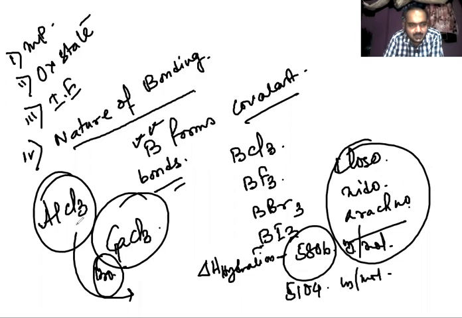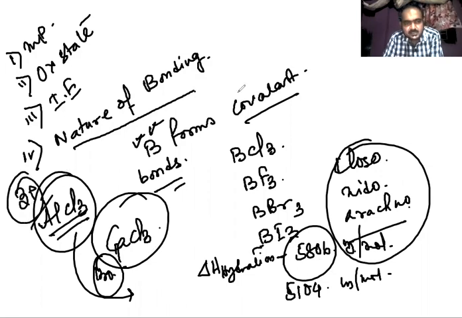So it can be ionized in plus 3 oxidation state in the solution phase. So this is the nature of bonding of the compounds of the elements in the aqueous phase or in the solid phase.